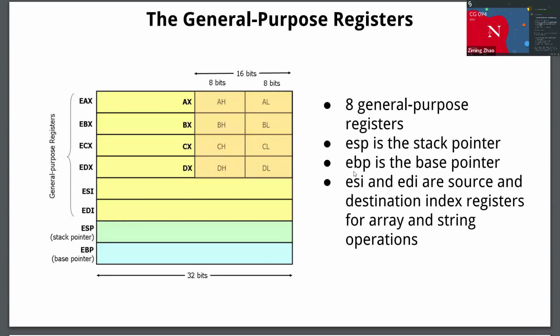So those are the general purpose registers, 8 of them, and they are easy to remember. First, we have A, B, C, D: AX, BX, CX, or EAX, EBX, ECX. At circuit level, they may be a little bit different. For example, if you want to use a counter, usually you use the register ECX.